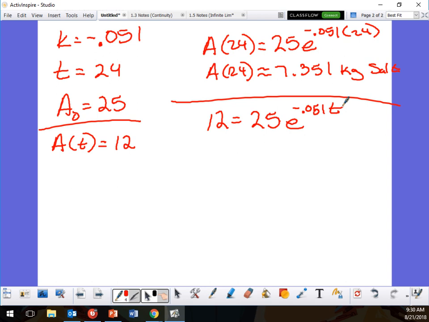Now you do the same thing to find t. Yeah, do the same thing to find t, right? So from here, I would divide it out, right? Natural log again. So it's basically going to be ln of 12 minus ln of 25, all over negative 0.051 is equal to my t.